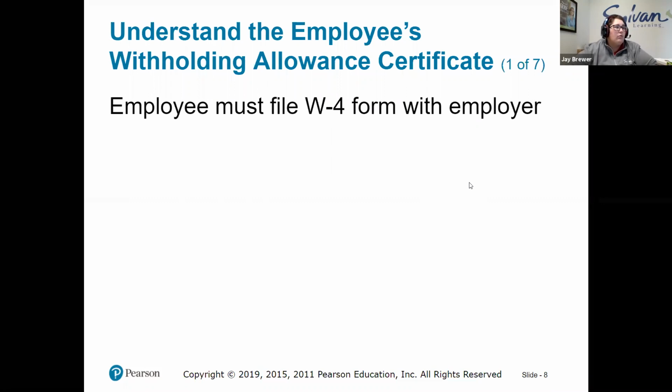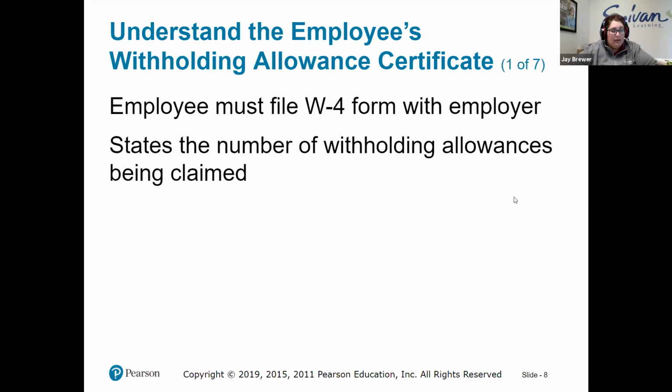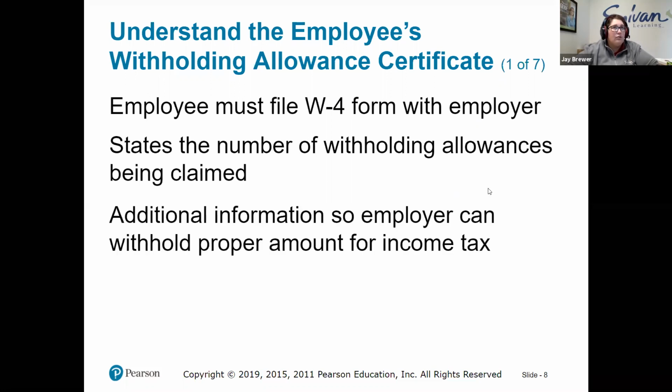Understand the employee's withholding allowance certificate. Employee must fill out a W-4 form with the employer. If you have not filled out a W-4 form with your employer, they are not taking out taxes, which means you will get a 1099 at the end of the year and you will have to figure it out yourself. It states the number of withholding allowances being claimed. The majority of this is going to be a 0 or a 1 for you.